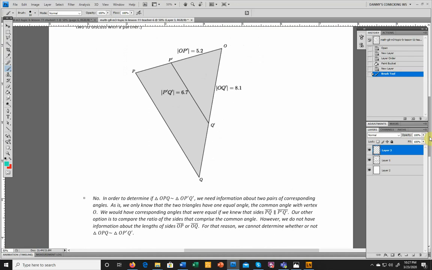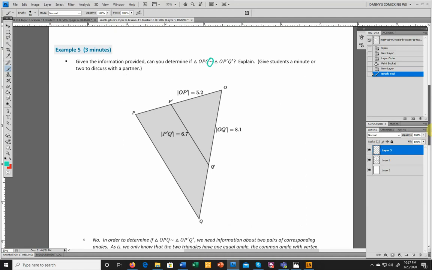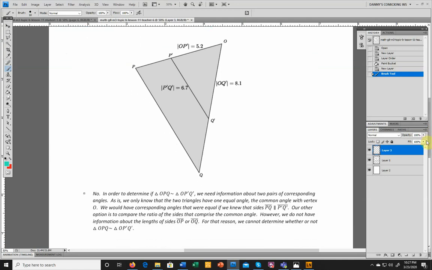So, just to refresh in case you paused, it's asking, given the information provided, can we determine if OPQ is similar to OP prime Q prime? And the answer is no. In order to determine if OPQ is similar to OP prime Q prime, we need information about two pairs of corresponding angles.